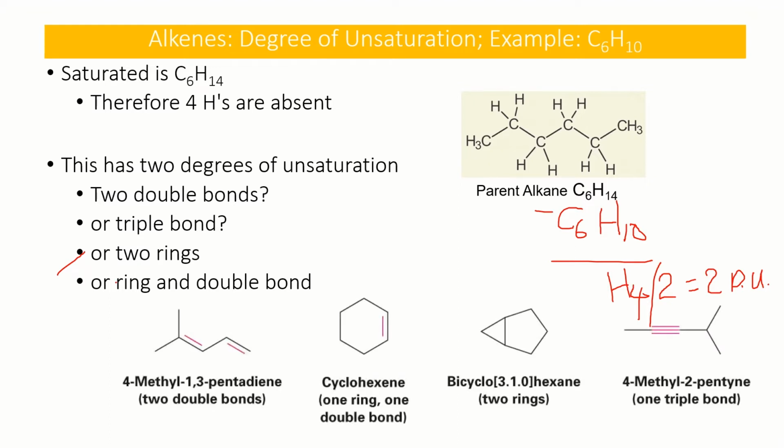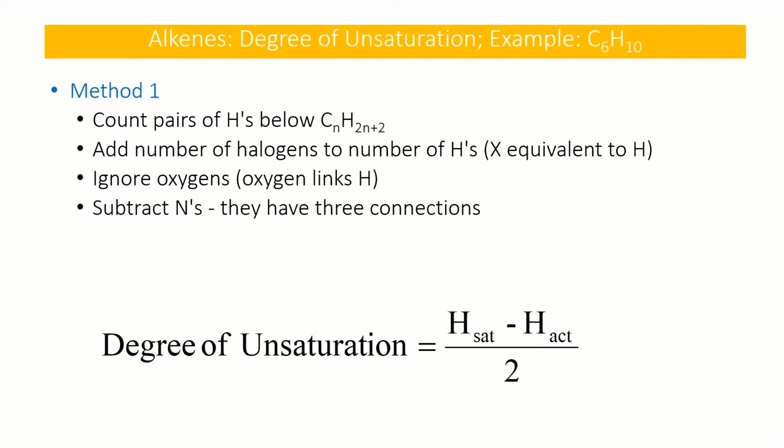For example, cyclohexene would have a degree of unsaturation within the ring and a degree of unsaturation from this double bond. You can see here that the degree of unsaturation can be easily calculated from the hydrogen number in the saturated species minus the actual hydrogen number, divided by 2.